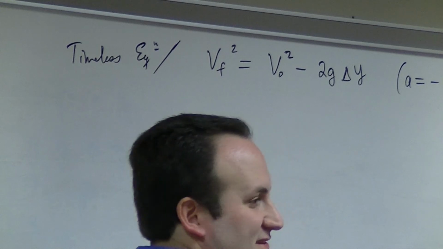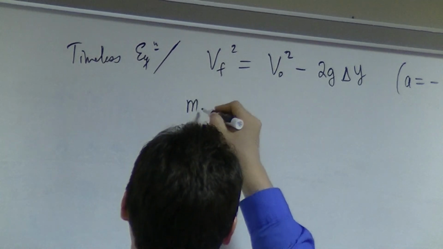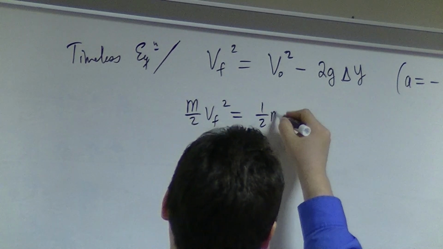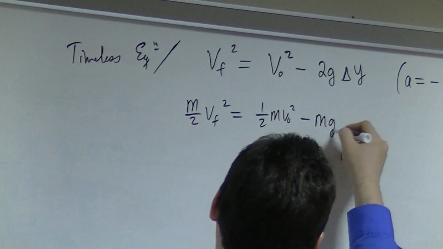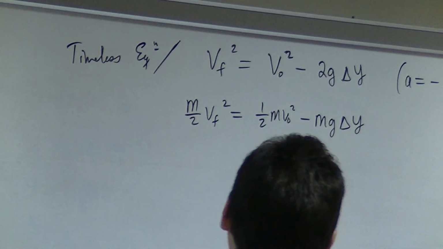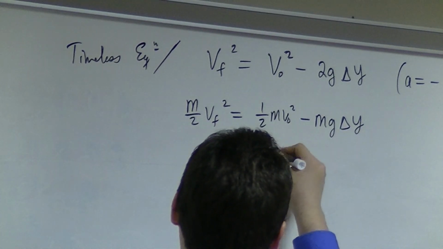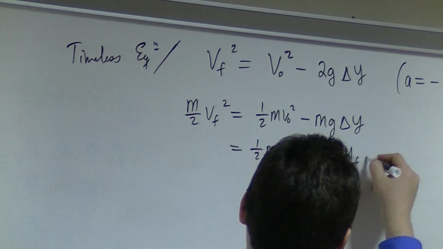If we take this equation, multiply by m, divide by 2, just to make it glaringly obvious what's going on, let's rewrite the change in y as the final y minus the initial y.